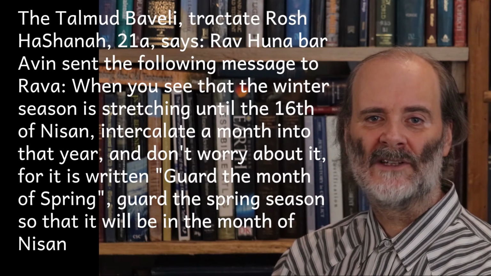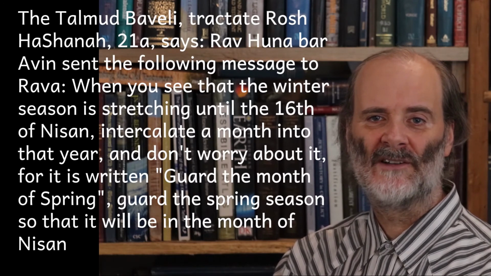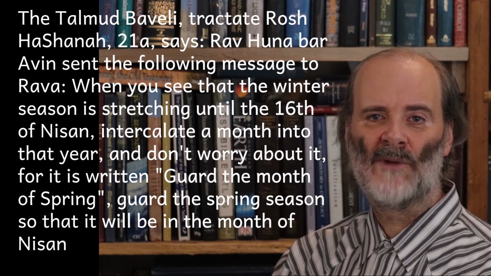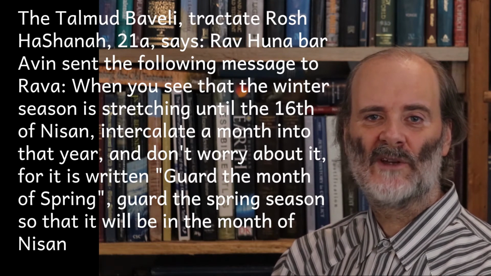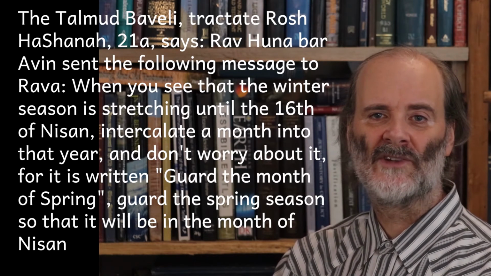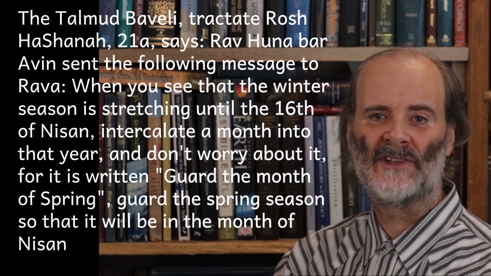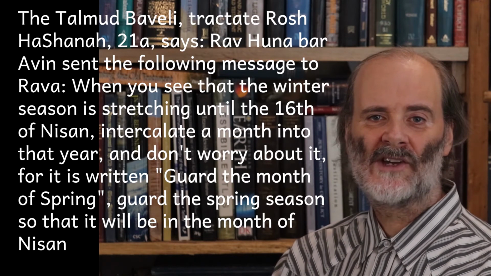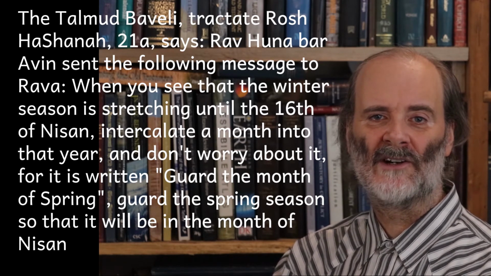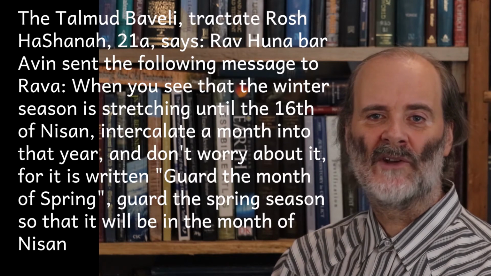I quote, "The Talmud Baveli Tractate Rosh Hashanah 21a says, Rav Huna bar Avin sent the following message to Rava. When you see that the winter season is stretching until the 16th of Nisan, intercalate a month into that year, and don't worry about it.